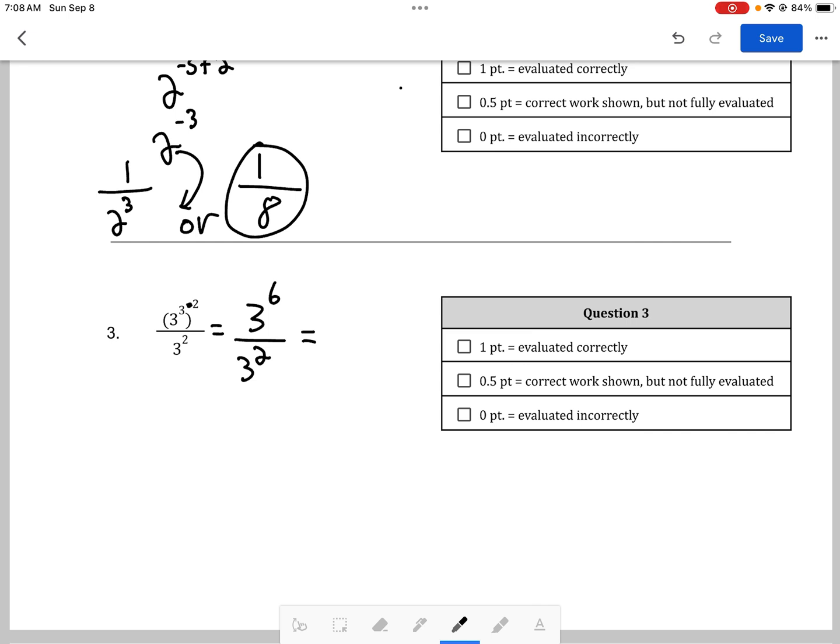Now, when I divide like bases, I need to subtract my exponents. So 3 to the sixth over 3 squared becomes 3 to the fourth. And if I wanted to evaluate this all the way, 3 to the fourth is the same as 81.